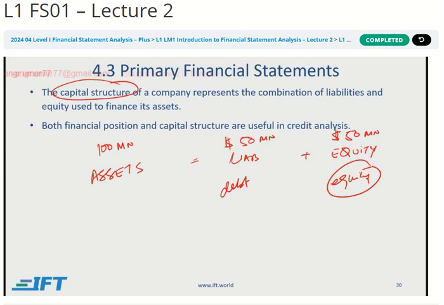So what we want to see, when you're doing your analysis, is how much debt a company has. If it has very high debt, then we definitely are going to be very careful in investing in this company, especially if we are looking to give it a loan, because if it already has a lot of debt, then it is very dangerous to give that company further debt.